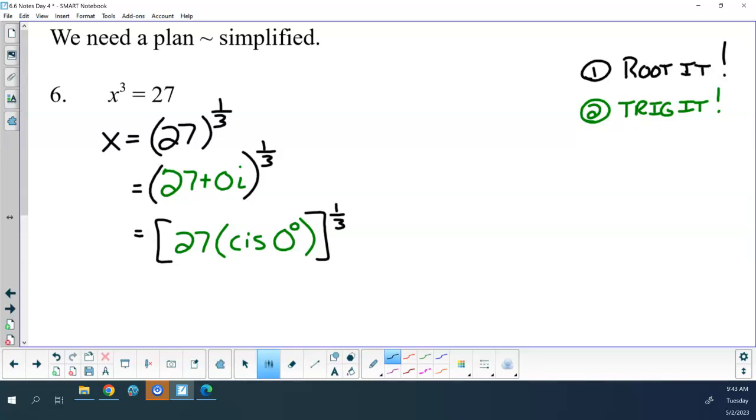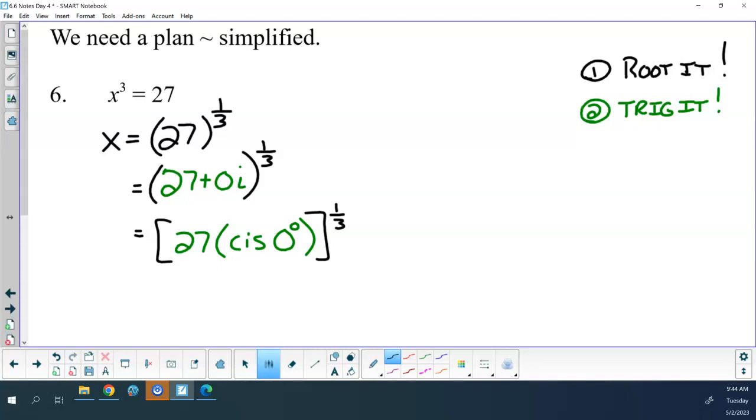Everybody with me on that? Go ahead, Nancy. So 27 is just a straight up real number, right? In standard form of a complex number, that would be 27 plus 0i.